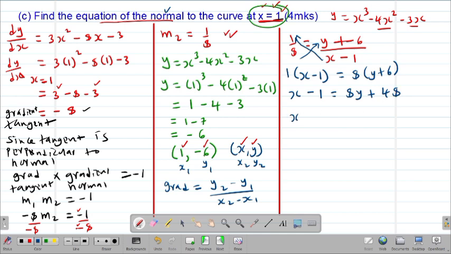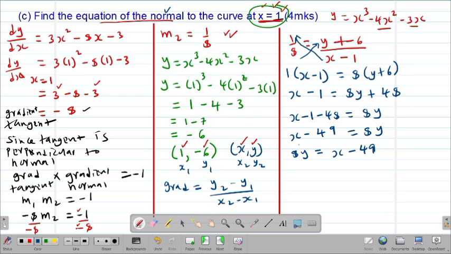Therefore, I'll have x minus 1 minus 48 equal to 8y. So x minus 49 gives me 8y. So I can rewrite it as 8y equals x minus 49.